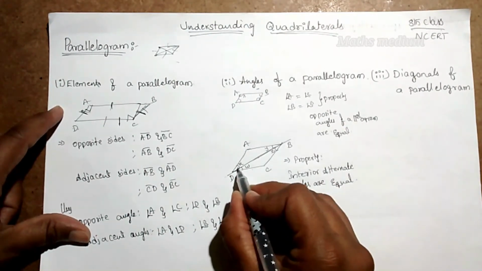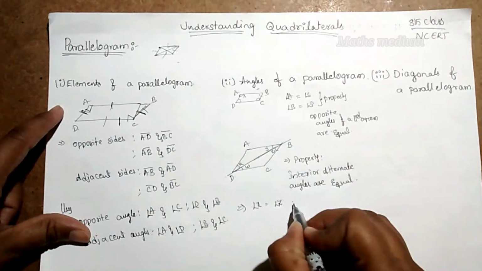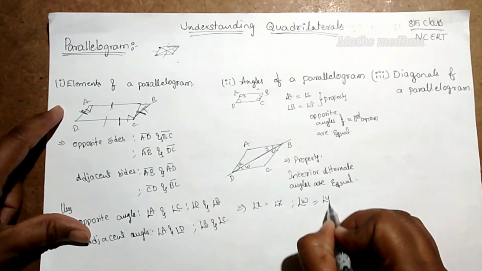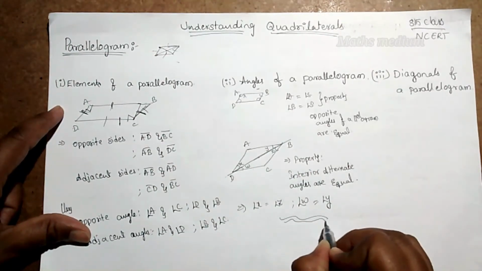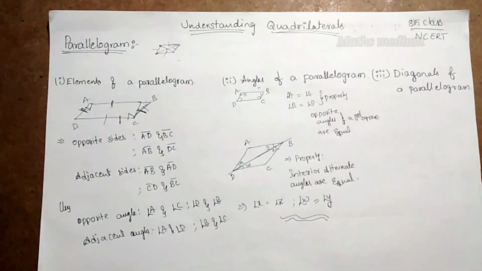If you take angle X, that is equal to angle Z. If you take angle W, it is equal to angle Y. So this is the property, that interior alternate angles are equal to each other in a parallelogram. So this is about the angles of a parallelogram.